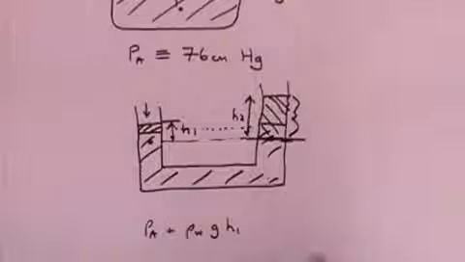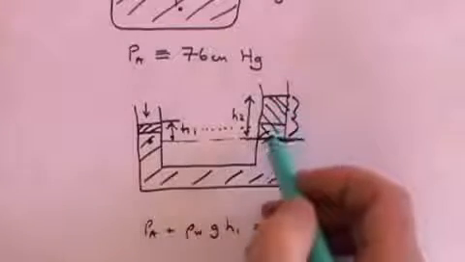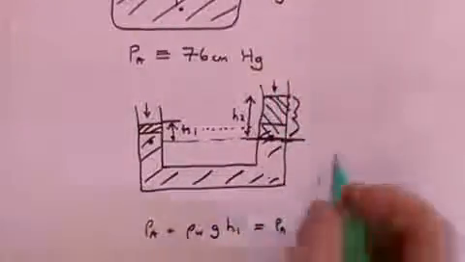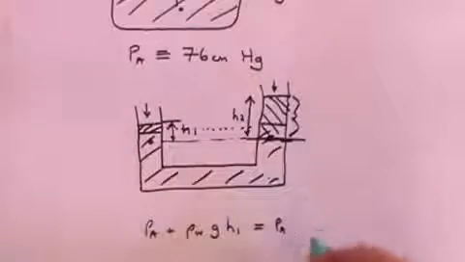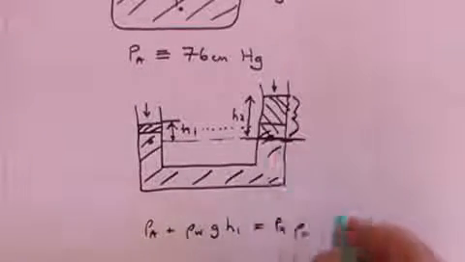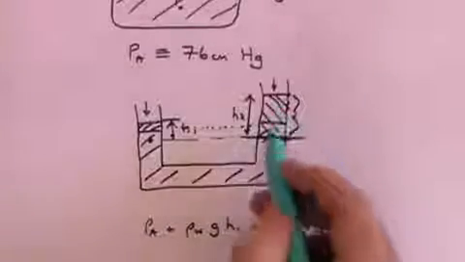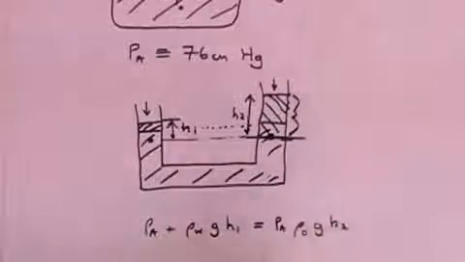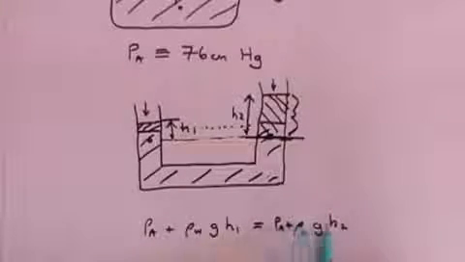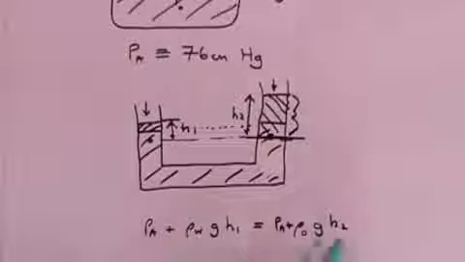We've calculated that before. And that has to equal the pressure on this side, on this point, which is going to be atmospheric pressure, again, bearing down here, plus rho of the oil times g times the height of the oil, H2. We know everything in this equation.